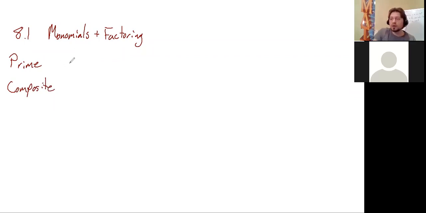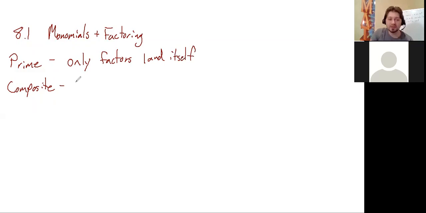A prime number is any whole number greater than 1 which only has the factors 1 and itself. And then composite would be a number that has more than 2 factors.